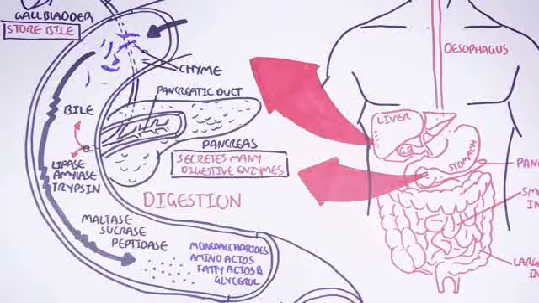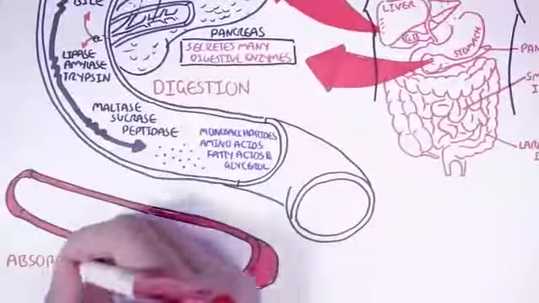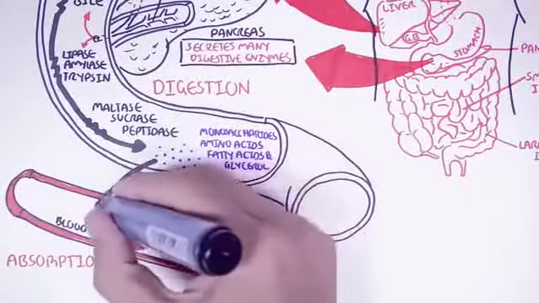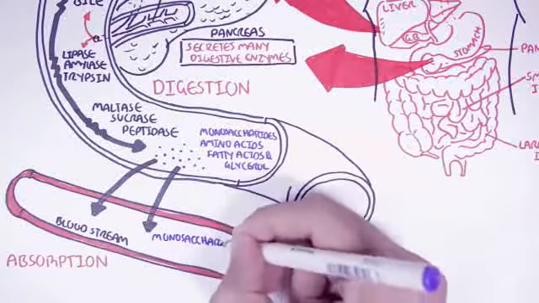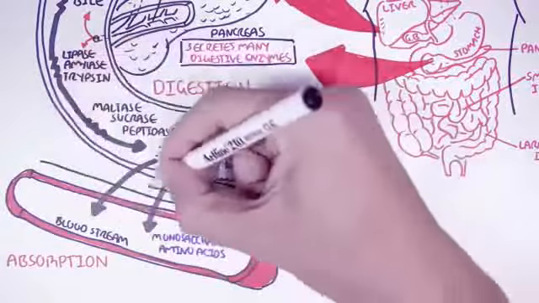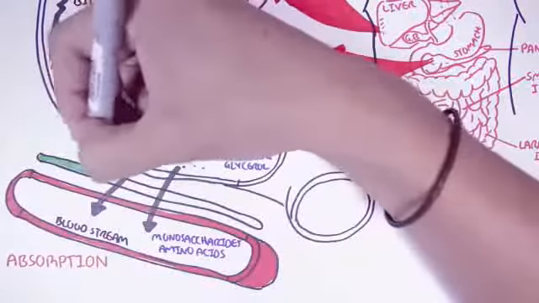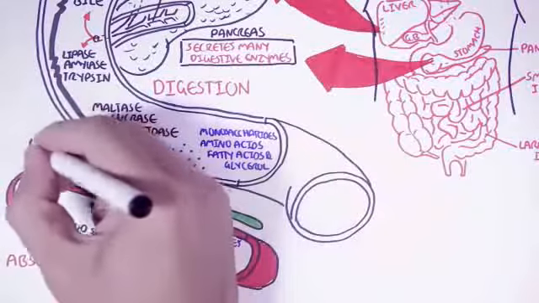And it is only in this form that the body can absorb them. So the monosaccharides and amino acids are able to be absorbed by the small intestine into the bloodstream, where they will then travel to specific areas in the body. The fatty acids are absorbed by the small intestine into the lymphatics with the help of bile.